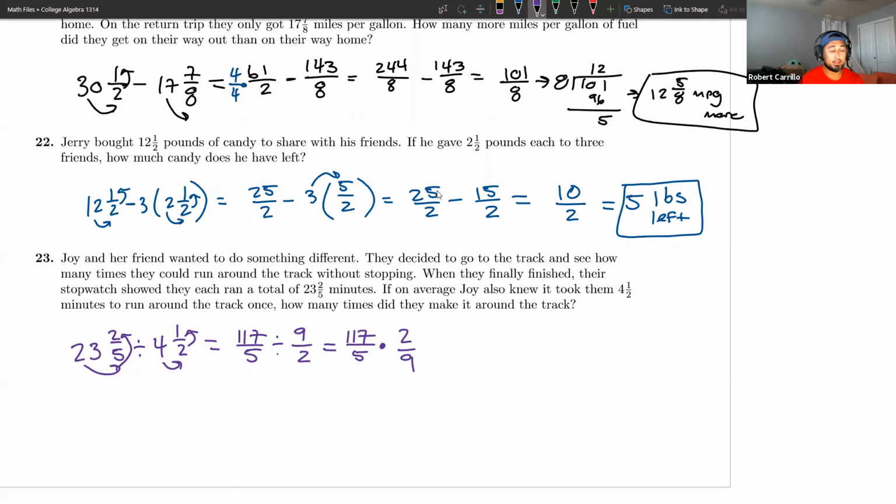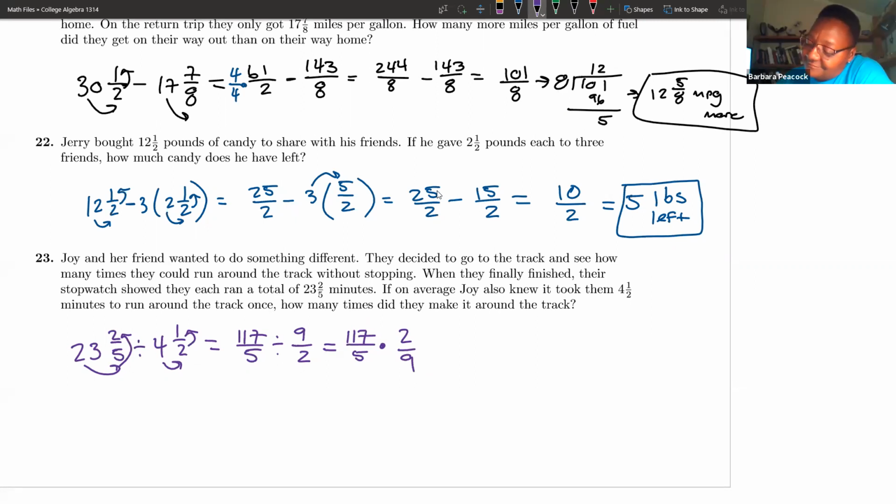All right. So here we can cross cancel if anything's possible. 5 and 2, nothing's happening there. But what about 117 and 9? Can you take a number out of there? Well, the biggest number we can take out is 9, which will make 117 into 13, right?